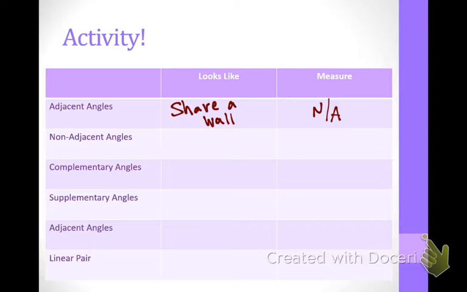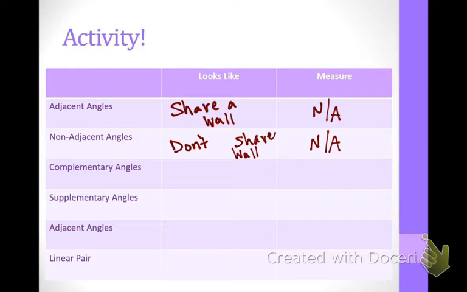Non-adjacent angles don't share a wall. And again, there's no measurement with them. Not applicable. It can be not available, depending on what it says.